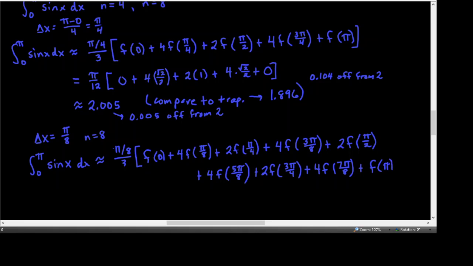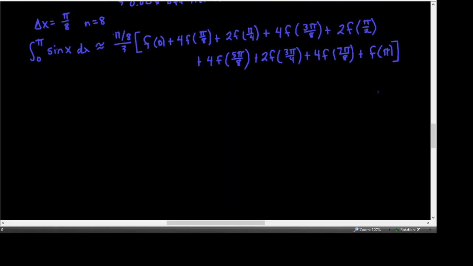So again, this would be a good one for you to type in your calculator. So pause and see what you get and compare it with this answer. And you should get approximately 2.00003.